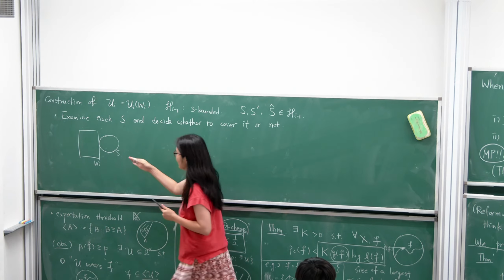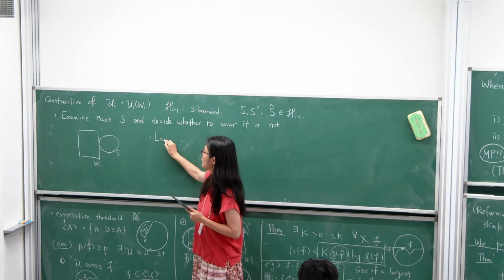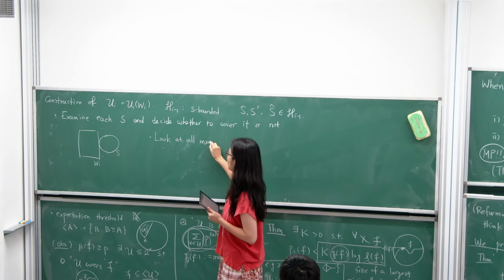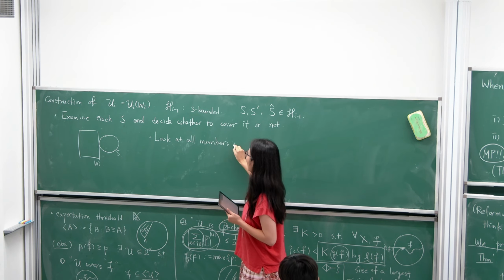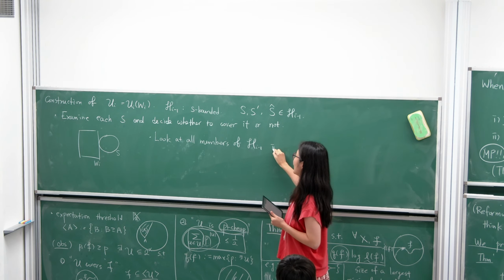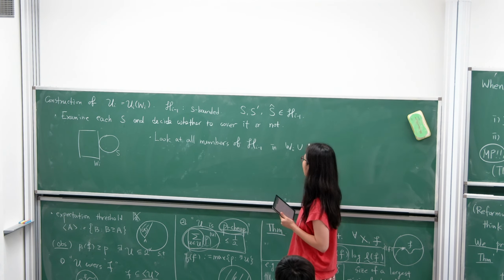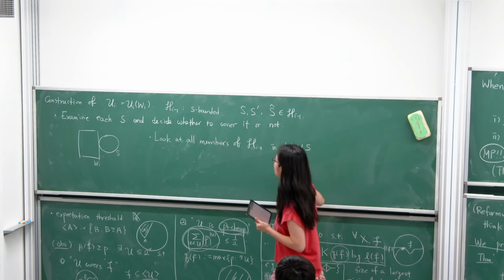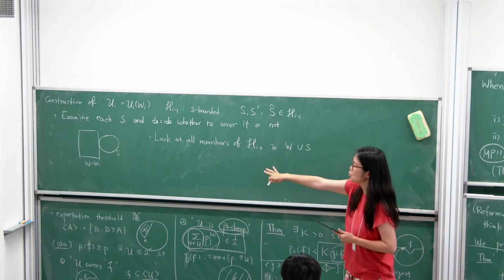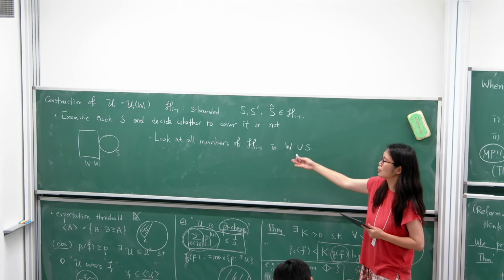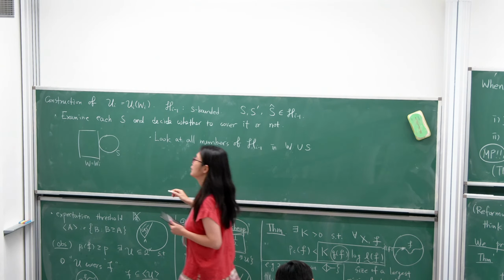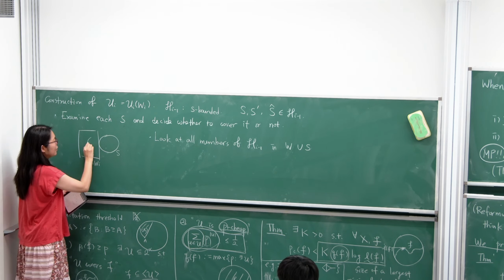And so in this picture, what we do is look at all of the members of the current host graph H_{i-1} inside W_i union S. Let me just say W is W_i, just for simplicity. So we look at all of the members of the current hypergraph inside W union S. So maybe there's something like this.